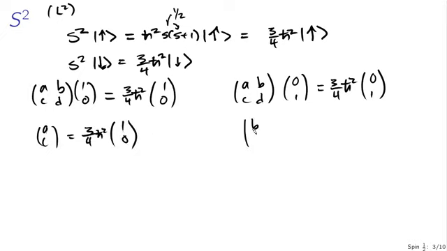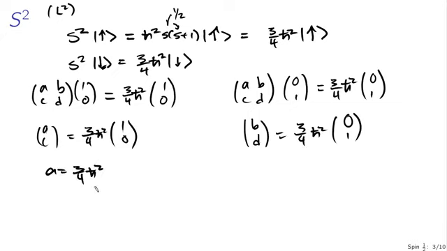Likewise here, we get B, D is 3/4 h bar squared, 0, 1. This tells us that A is equal to 3/4 h bar squared, and that C is equal to 0. And this tells us correspondingly that B is equal to 0, and D is equal to 3/4 h bar squared.